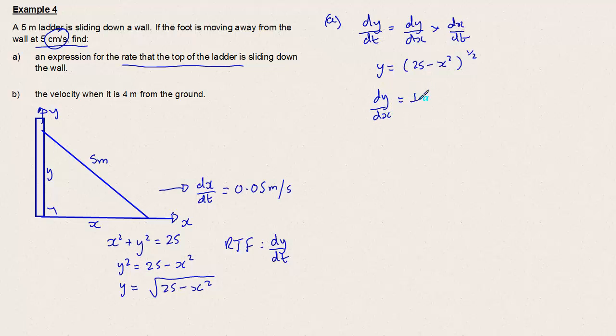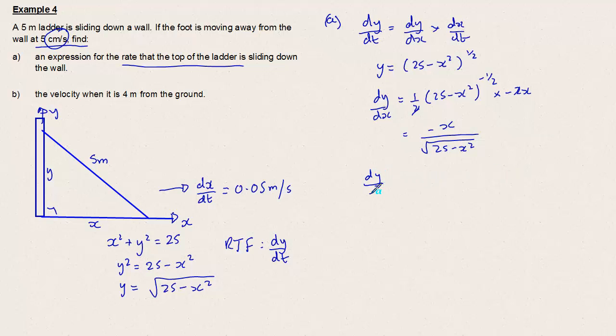Using the chain rule, that's a half, (25 take away x squared) to the negative a half, times the differential of what's inside. These twos will cancel, so I end up with negative x over the square root of 25 take away x squared.